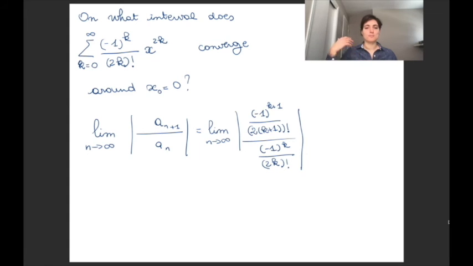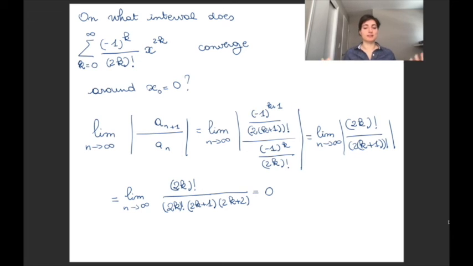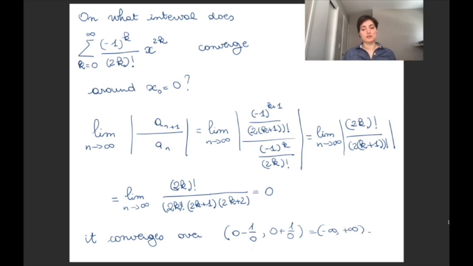This is minus 1 to the power k plus 1 divided by k plus 1 factorial, all of this divided by minus 1 to the power k divided by k factorial. We simplify things, and this is equal to 0. So it converges on the interval 0 minus 1 over 0, 0 plus 1 over 0, and that tends to plus and minus infinity. So it converges over the whole real line.